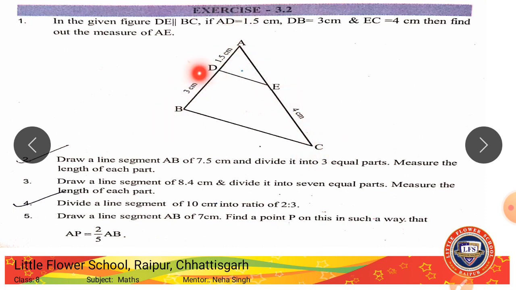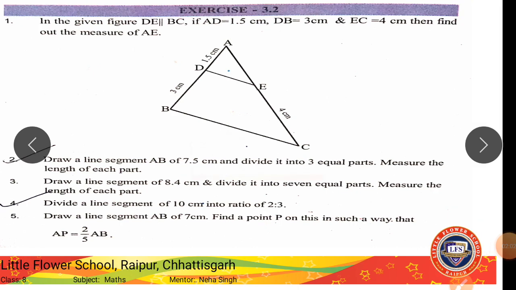That is, since DE is parallel to BC, it will divide the other two sides AB and AC in equal ratio, right? If this is 1:1, this will be 1:1, this is 1:2, this also will be 1:2. So through this we are going to equate for this question.